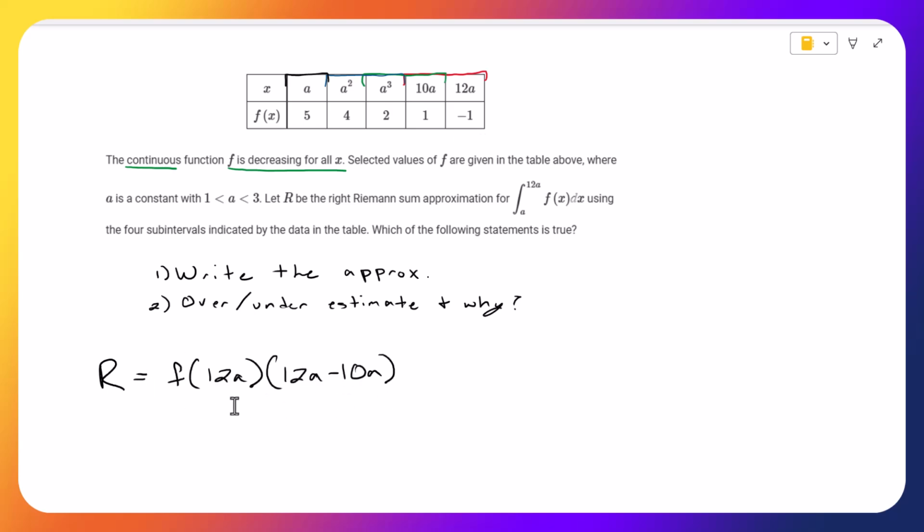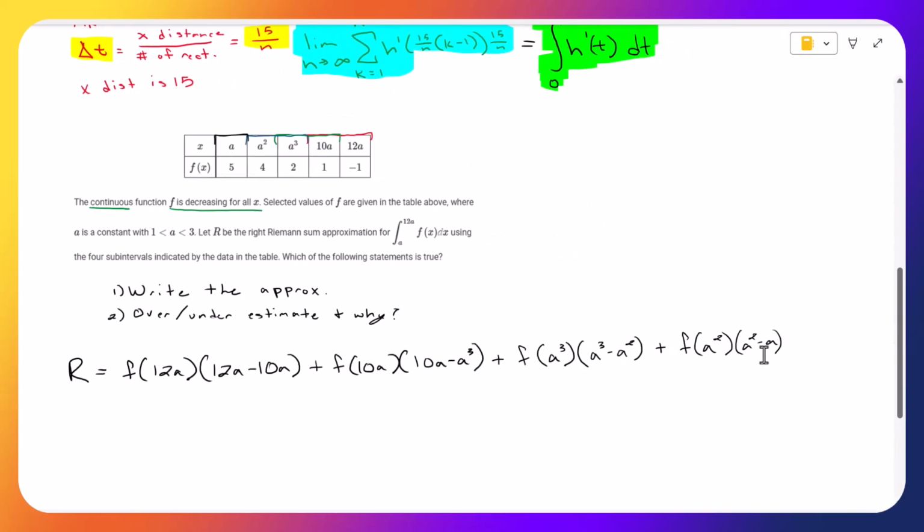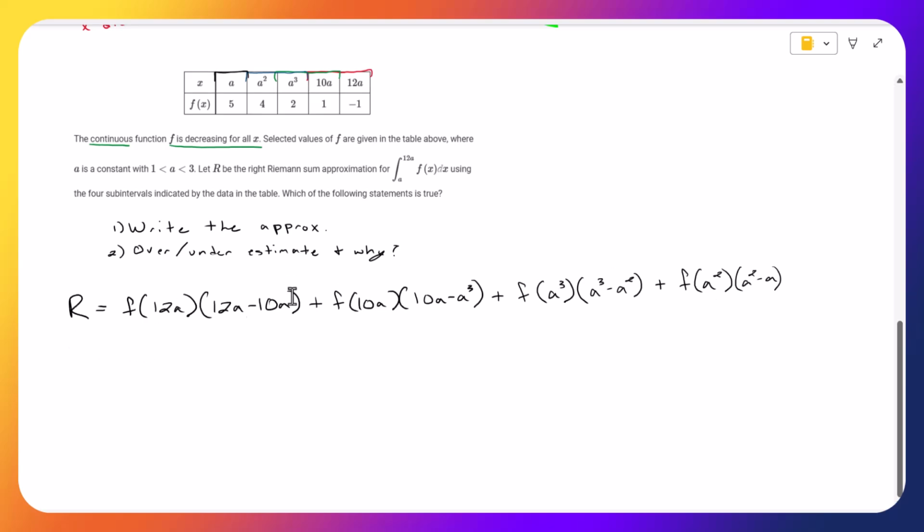And I'll let you pause the video now, write out what the rest of the things are, to make sure we're on the same page. And when you come back, I'll have all of them written out. Okay, coming back, we should have gotten this for all of the areas of our rectangles. The next thing we're going to do is just substitute stuff in.